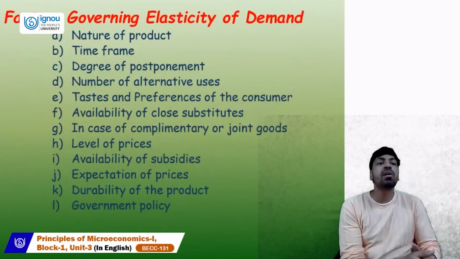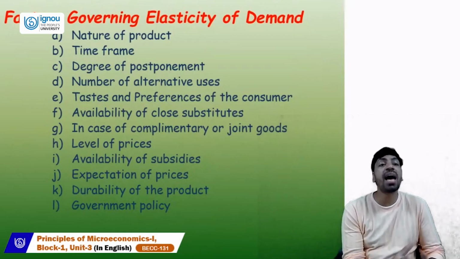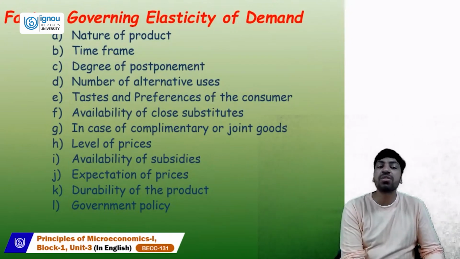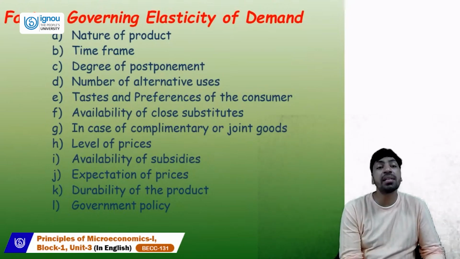So let's focus on the next topic: the factors that influence the elasticity of demand. These are the following factors that affect the elasticity of demand. The first one is the nature of product. Elasticity of demand could be unitary, inelastic, or elastic depending upon the nature of the product.